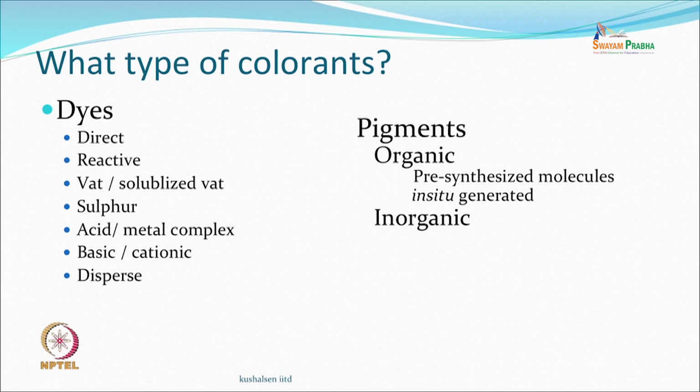That's one. And inorganic, of course, you can use some of the inorganic compounds which give certain types of shade which may not be easily synthesized in the organic, and particularly in some cases the fastness properties may also be very good, and so you may like to use pigments.